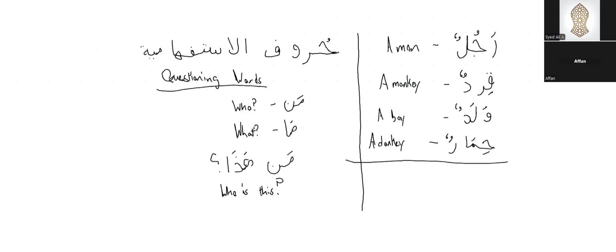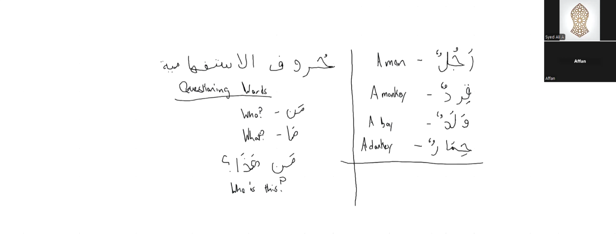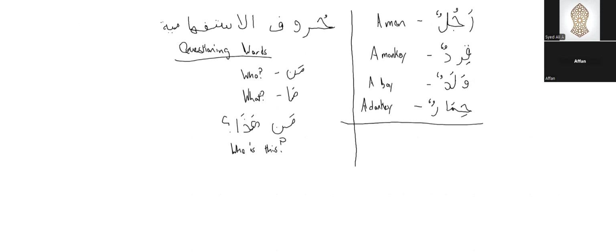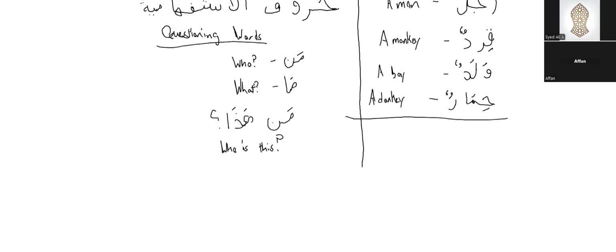Who is this? And if we wanted to do, what is that? Then we would do meem, alif, ma, dal, lam, ka, dhalika, ma dhalika, the question mark backwards.